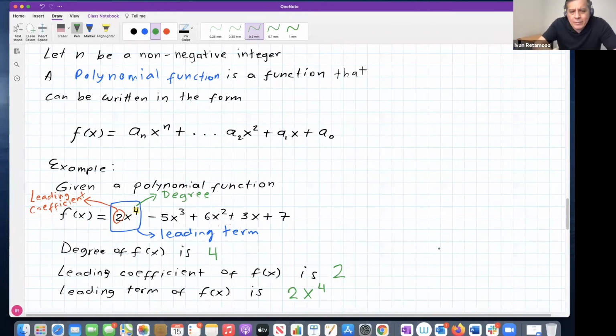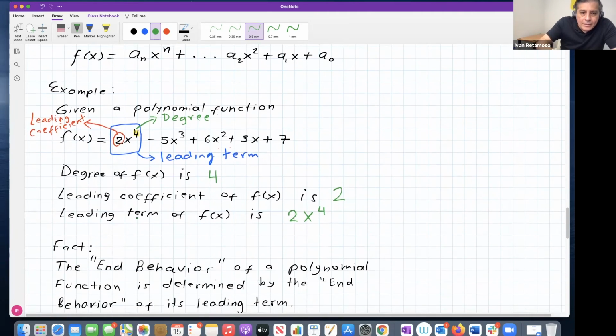Now you may say, Professor, why are you emphasizing describing completely just the first term? What about the second term, the third term, the fourth term, fifth term? Don't they matter? Turns out they don't matter much. The one that holds the information for you to determine the end behavior of a polynomial is the leading term. So this is a very important term.